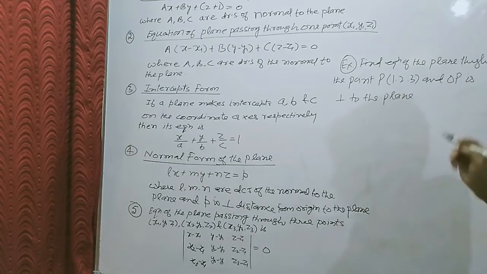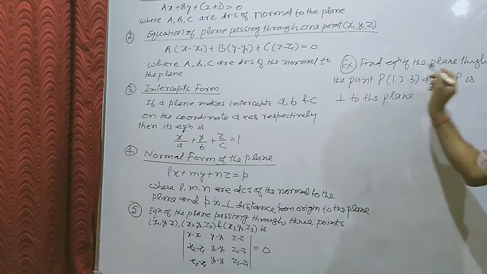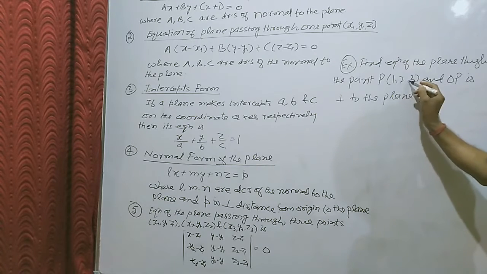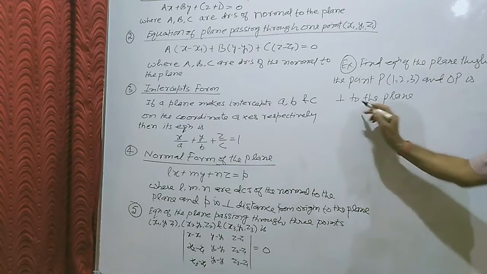Again, read the question. Find the equation of the plane through the point P(1, 2, 3) and OP is perpendicular to the plane.